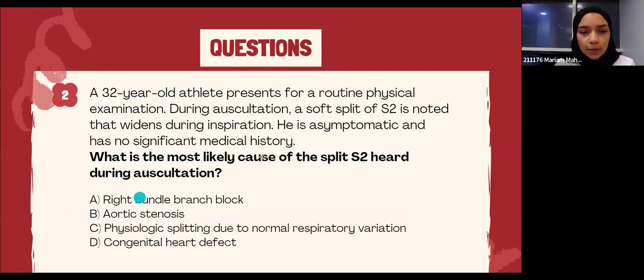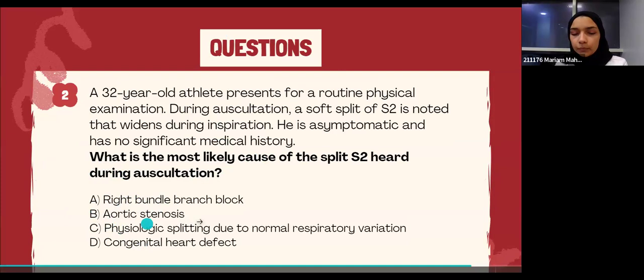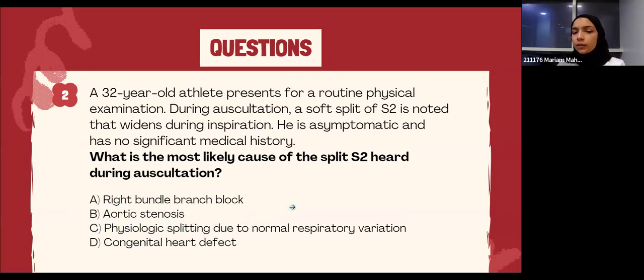Right. So basically, we said that there is a normal splitting of S2 that's caused by the inspiration. So we said that there's a decrease in the intrathoracic pressure. It will allow more blood to enter into the right atrium through the vena cava, and it will cause more blood to be in the right ventricle.